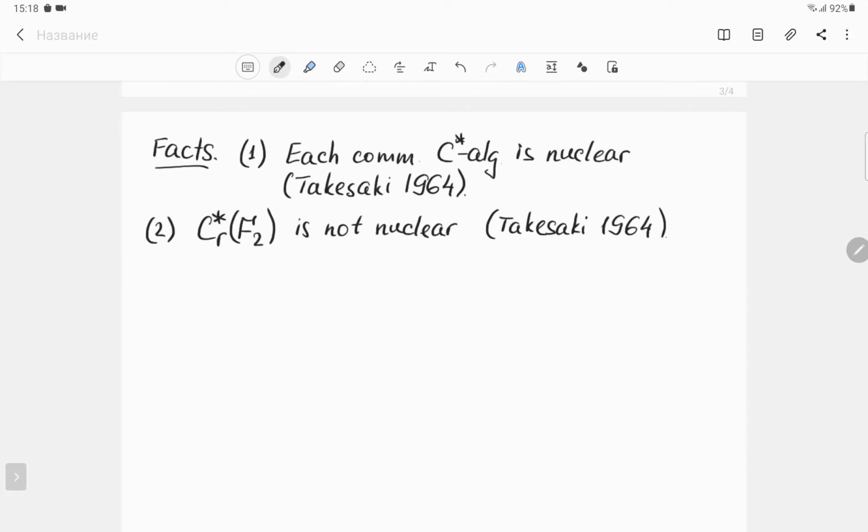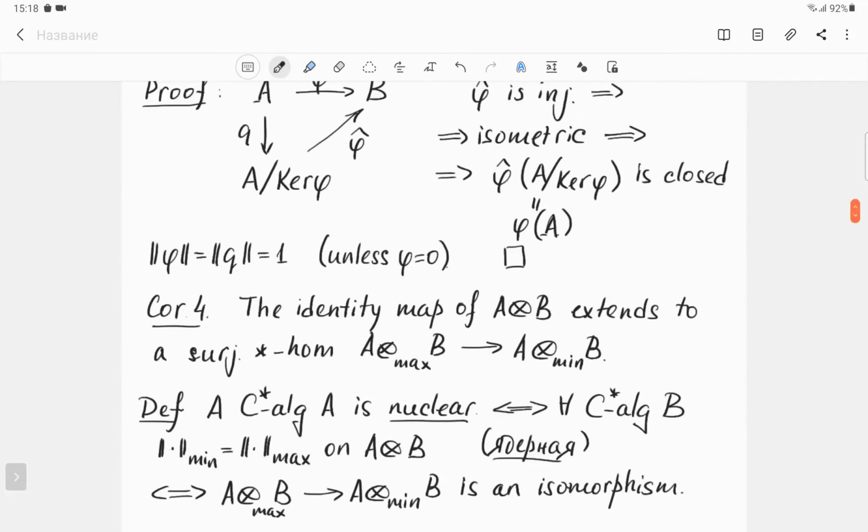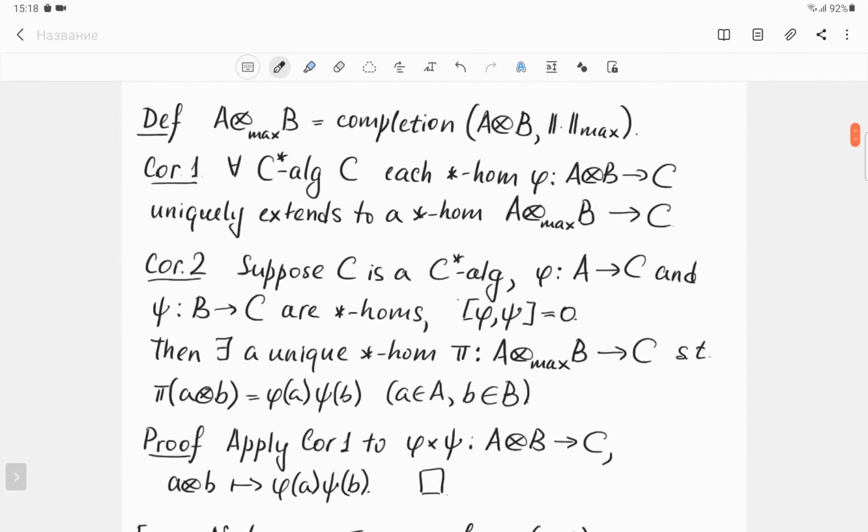More exactly, Takesaki proved that, let's look at one of our previous results, namely corollary 2. So Takesaki proved if we take here A and B to be the reduced C-star algebra of the free group of two generators, then we cannot replace here the maximal tensor product by the spatial tensor product. So he proved that if you take the minimal tensor product here, then the respective homomorphism is unbounded on the algebraic tensor product.